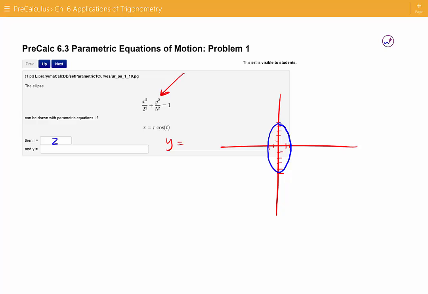Now y is going to have to vary as well. Now y goes from -5 to 5, so we want to use 5 as our amplitude, and we want to use either cosine or sine. We need to figure out which one, because obviously these are periodic functions that fluctuate from -1 to 1. When we multiply by 5, we'll fluctuate from -5 to 5, which is what we want. But we have to figure out which one to use. And it turns out the answer is sine, 5 sine of t.